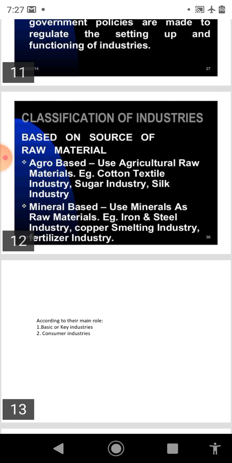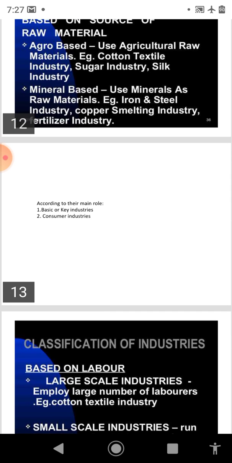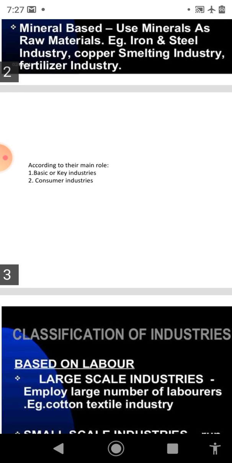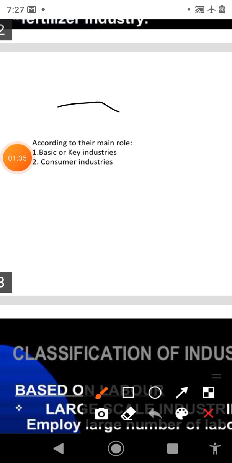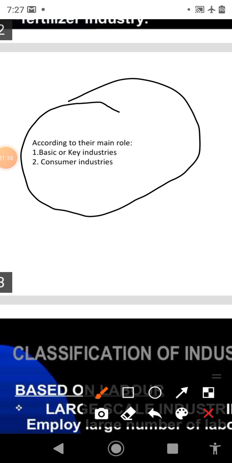Second classification, that is on the basis of their main role. On the basis of their main role, industries can be of two types: basic or key industries, and second one, consumer industries.